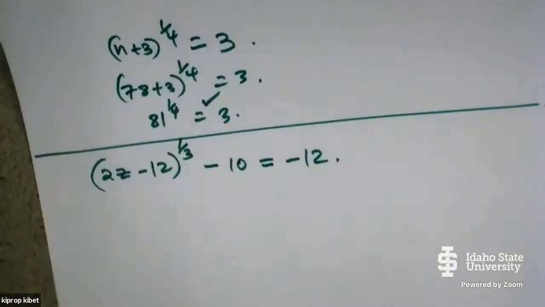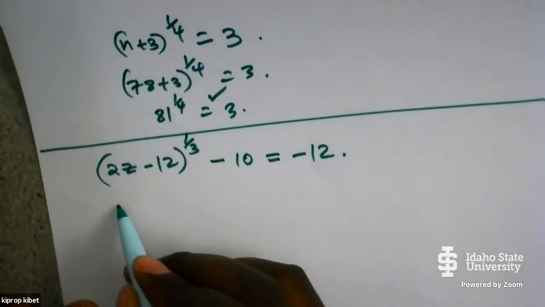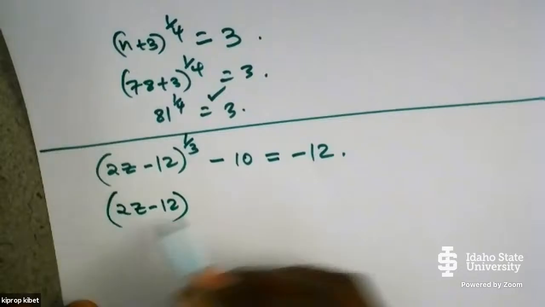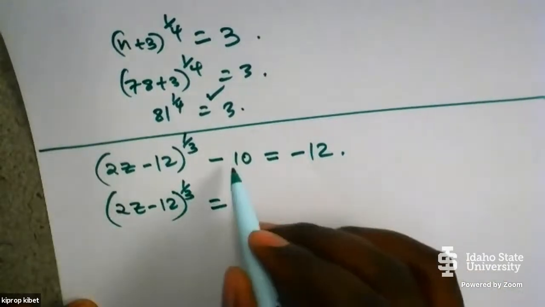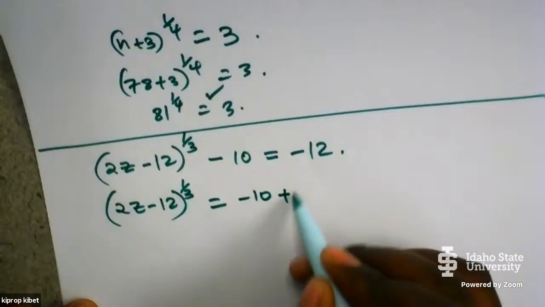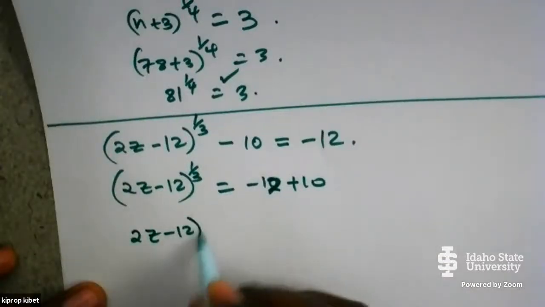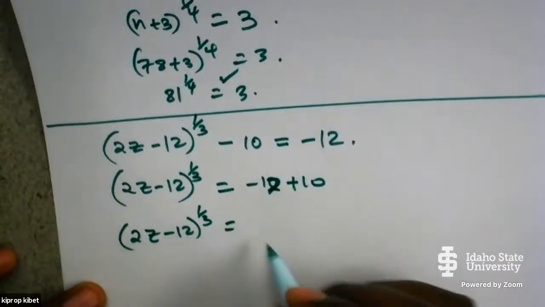You need to put this on one side and the other terms on the other side. So you add 10 to both sides. The first step: 2z minus 12 raised to 1 over 3 equals minus 12 plus 10, so you get negative 2.